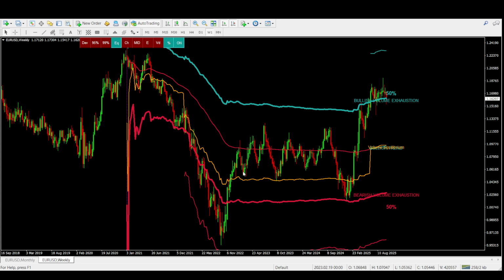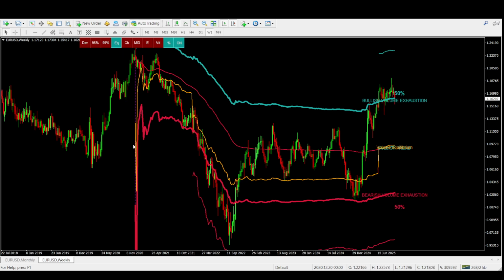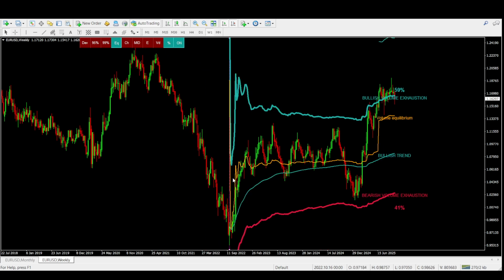The market went up, and again look how the volume equilibrium is acting like a support. 1, 2, 3. Once this agreement between the bears and the bulls has been broken, we can recalculate our trend and move the initial line of Meravith here.